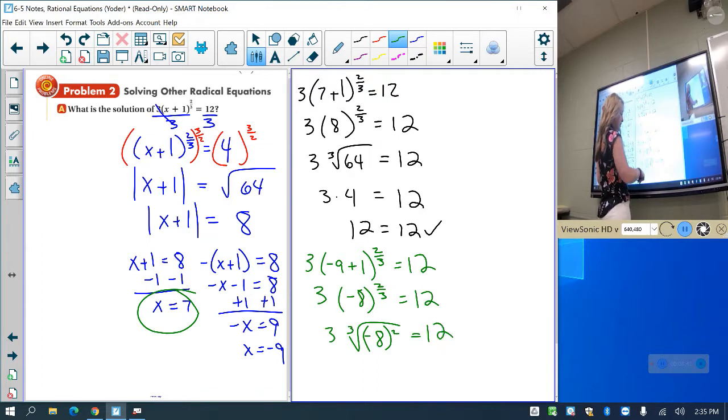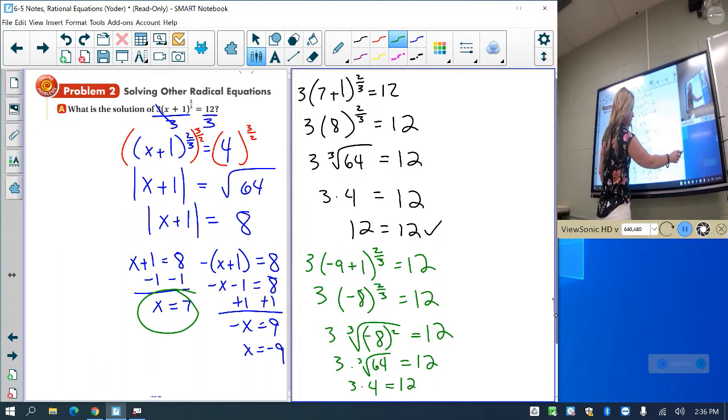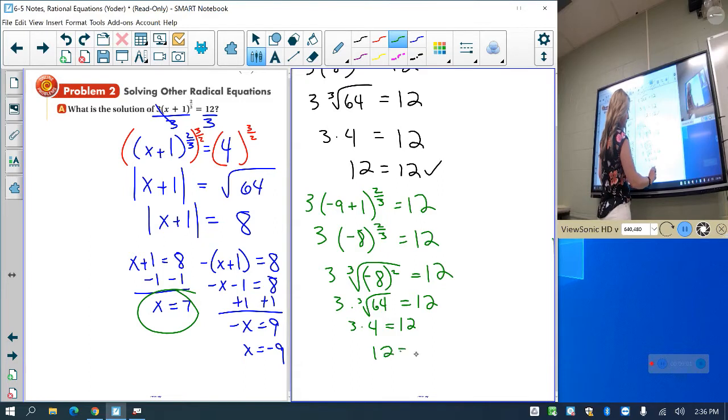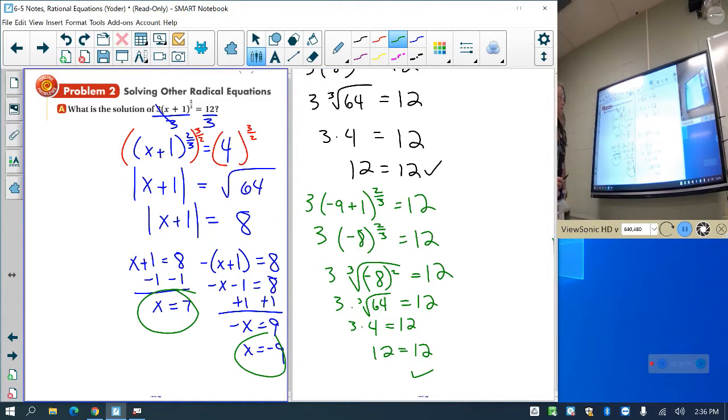Which is the cube root of 64, which is 4, which works out. And I ran out of room. So both of these are solutions to my radical equation.